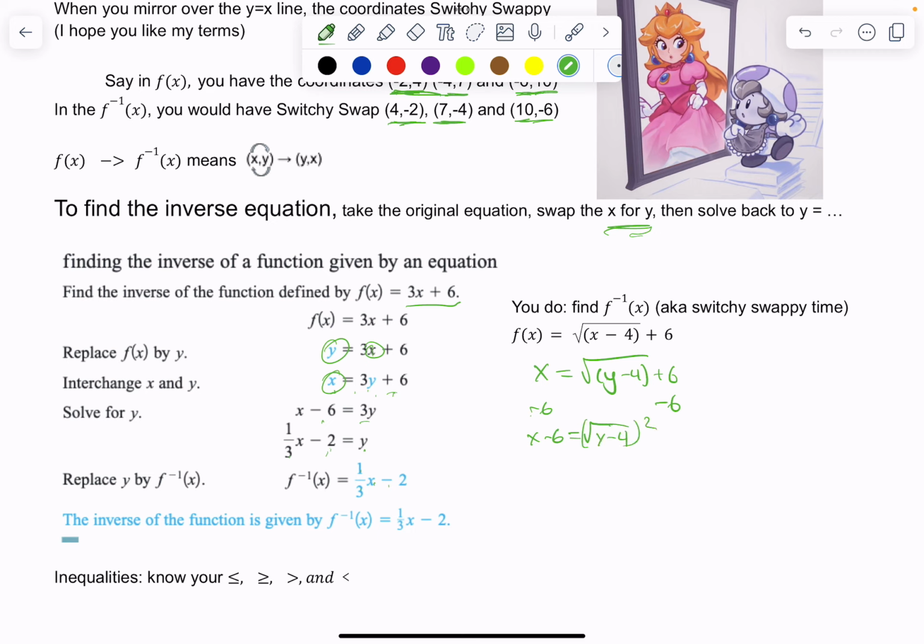I'm going to square everything, which then cancels out the square root, so I get (x minus 6) squared equals y minus 4. Over here I add 4 to both sides, and I have y equals (x minus 6) squared plus 4. Done. I can also, if I want to be fancy, write it as the inverse of x equals (y minus 6) squared plus 4. Same thing.